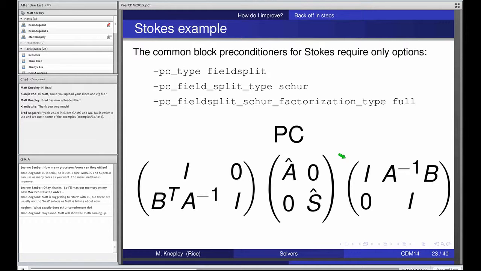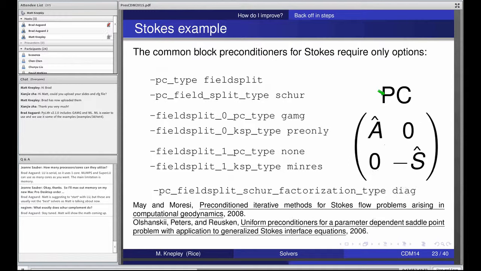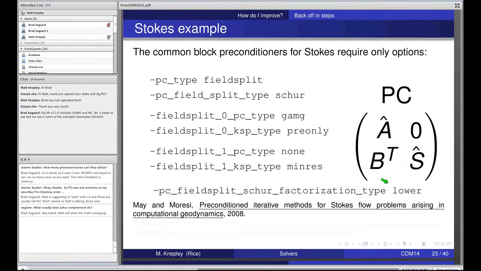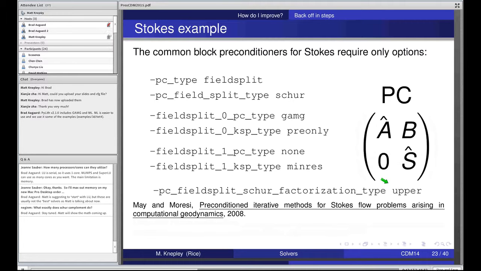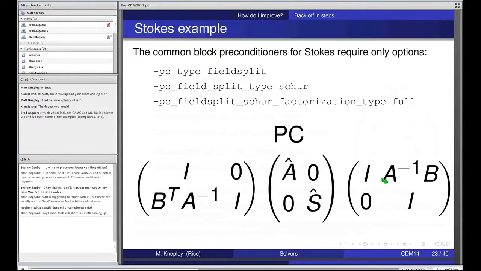So if you select Schur complement factorization type full, as opposed to, let me go up again just so you can see, as opposed to either diag, which gives that approximation, or lower gives that approximation, or upper. If you select full, then you get this full factorization. Now this method is exact. So if A is exact and S is exact, this will give the exact answer to the full problem.